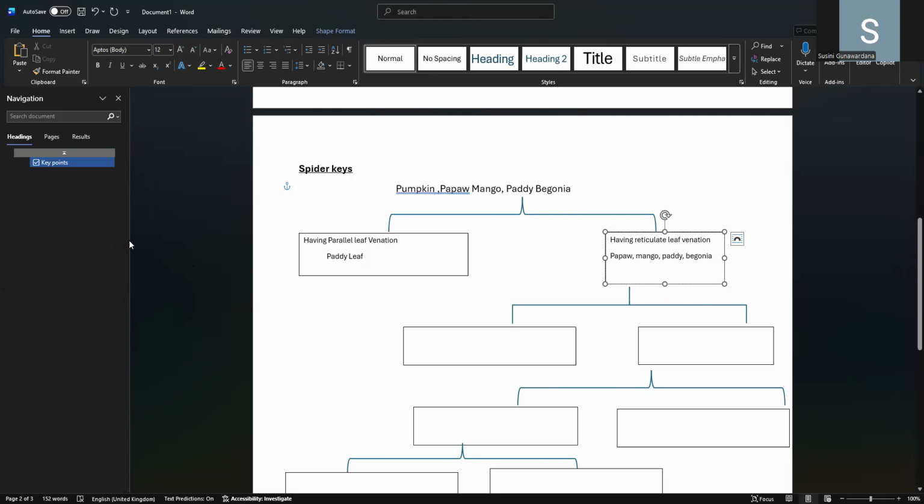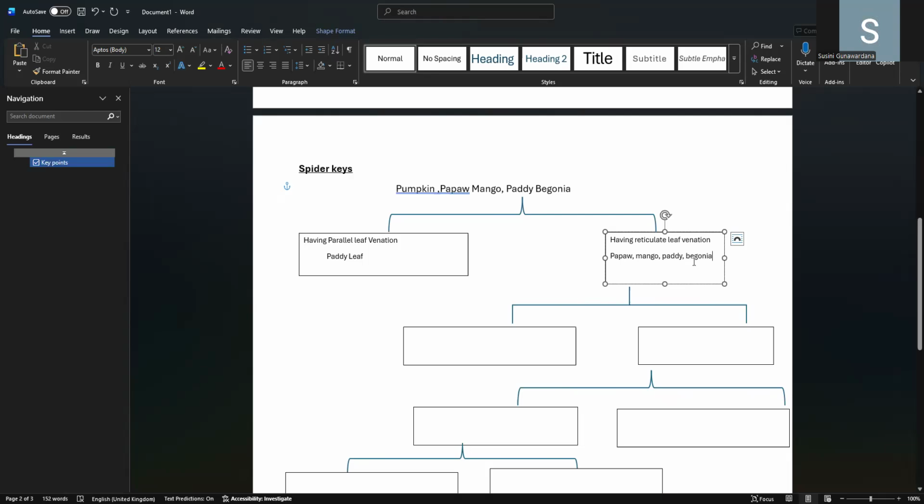Can you see here there is only one organism. So that part is over. Somehow we have to divide all these plants until we get one plant, one organism. We'll go through pumpkin, apple, mango, and begonia.